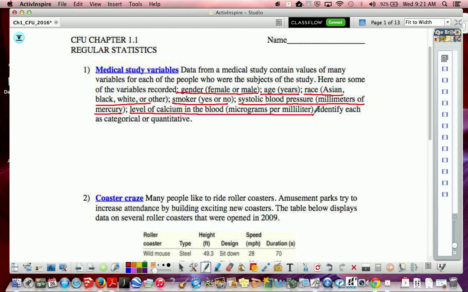So I'm going to start off here with categorical. When I think of categorical, again, think of data that is placed in categories, that answers yes, no questions, that doesn't deal with numerical values. So as I go through this, for instance, gender, male or female, either you're a male or you're female, so gender is definitely categorical.